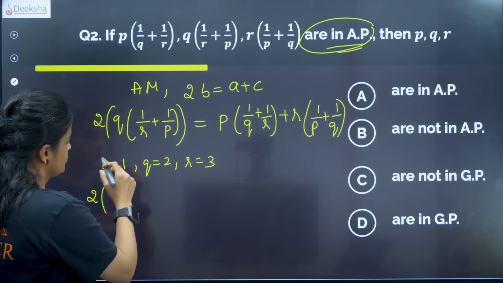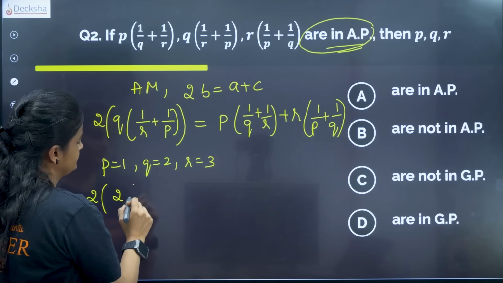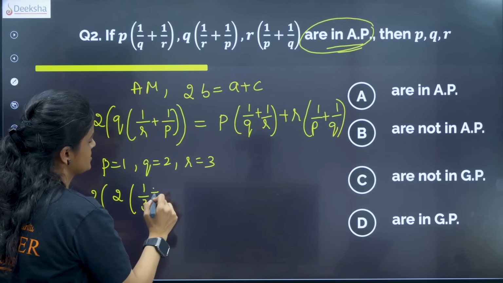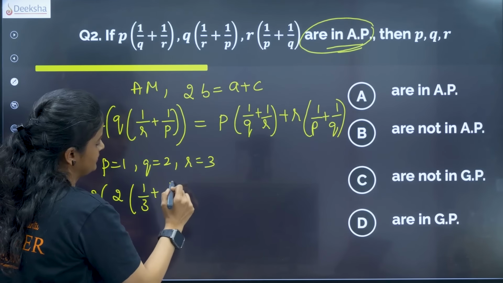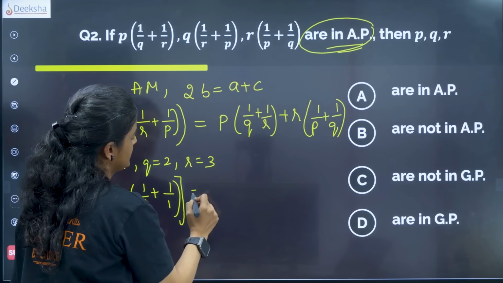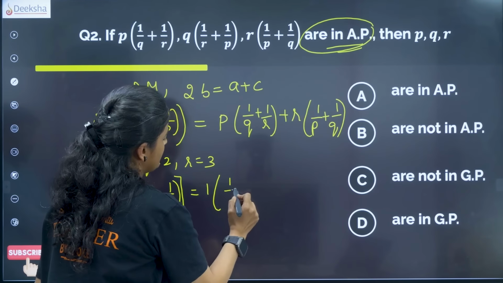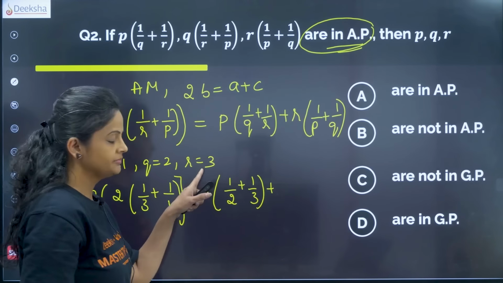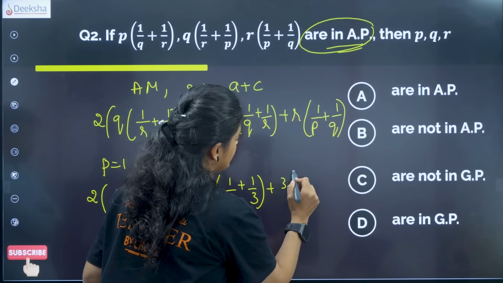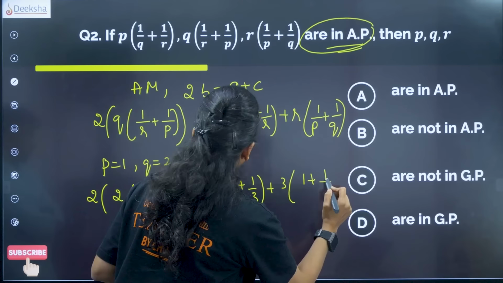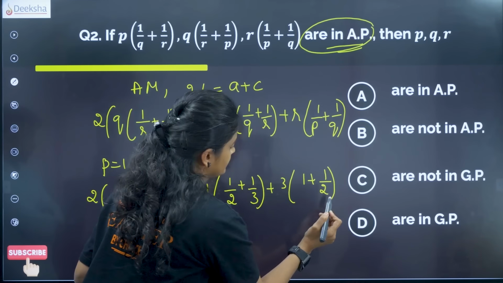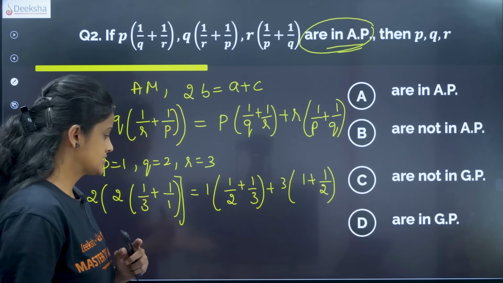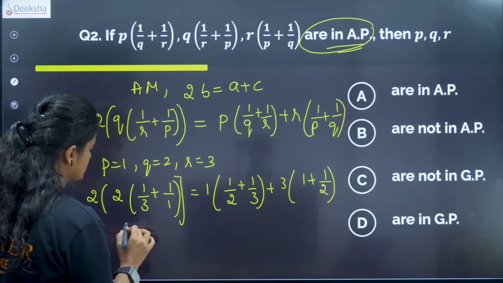2 into Q, Q is 2, 1 divided by 3 plus 1 by 1. Don't go wrong in calculation. So 1 by 2 plus 1 by 3 plus, R is 3, right? 3 into 1 plus 1 divided by 2. Solve both the sides and see whether it is matching or not.